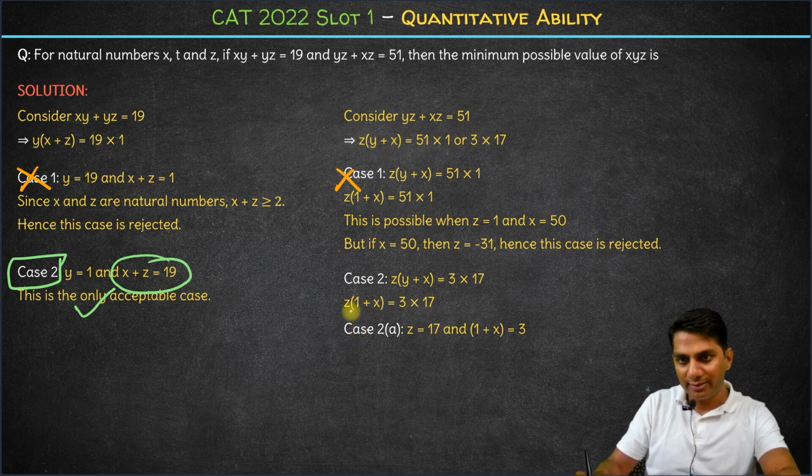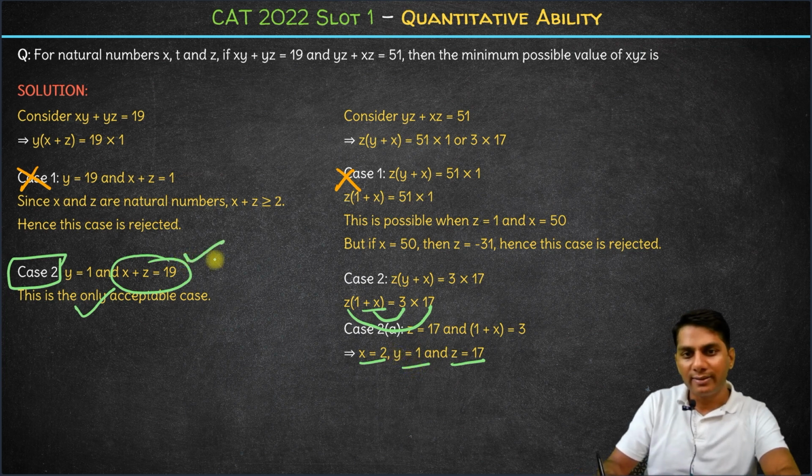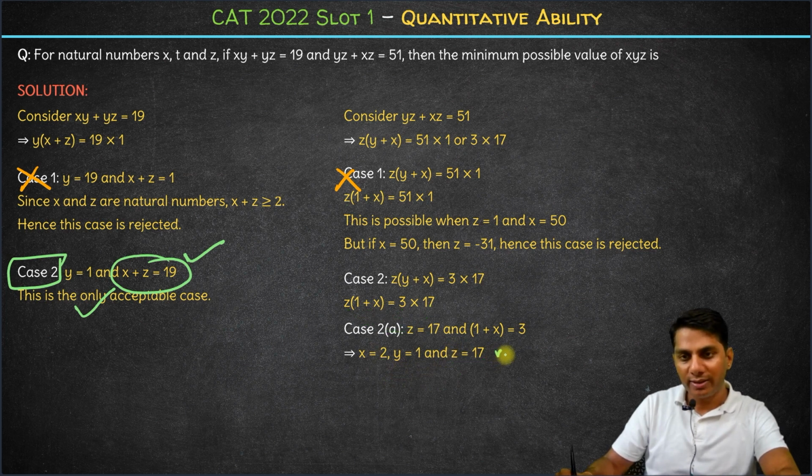So if we consider z equals 17 and 1 plus x equals 3, then x will be equal to 2. So x is 2, z is 17 and y was 1. This also satisfies the condition that x plus z should be 19, right? 2 plus 17 is 19. So all these values satisfy this condition as well as the other condition. So this is one possible set of values of x, y and z.